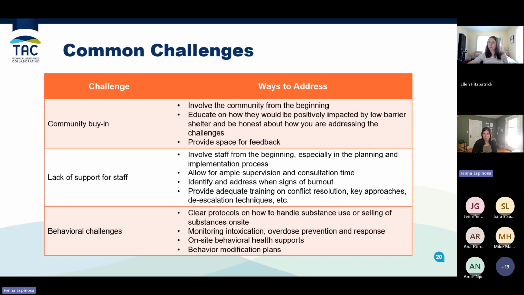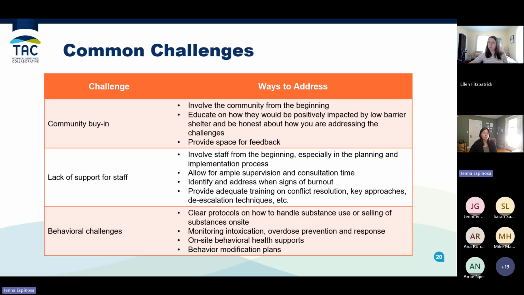So amnesty lockers that Ellen mentioned earlier are a good way to help people in a harm reduction way. They have a place to put their materials for substance use or weapons or whatever it may be into an amnesty locker and not bring them inside. But when those situations do come up, having clear protocols on how to handle them.